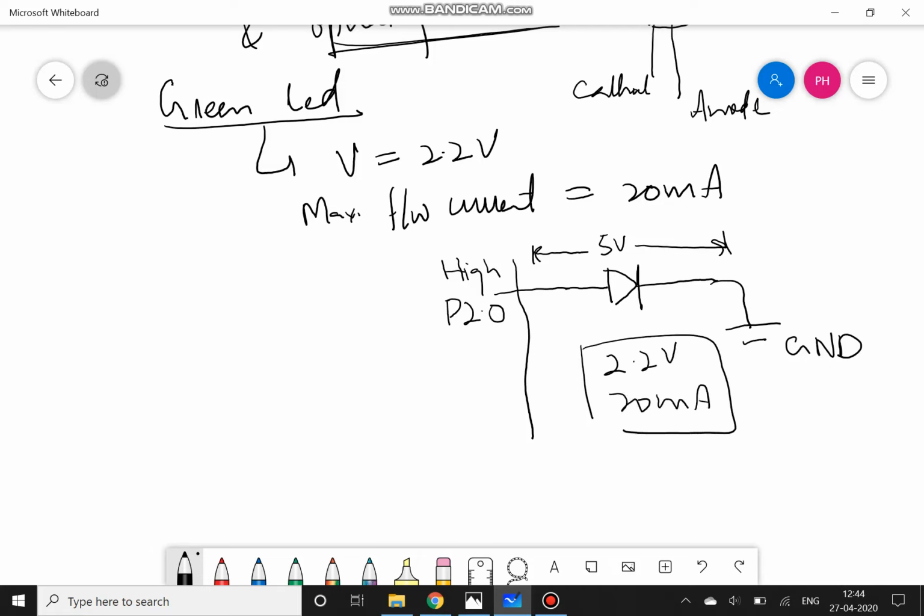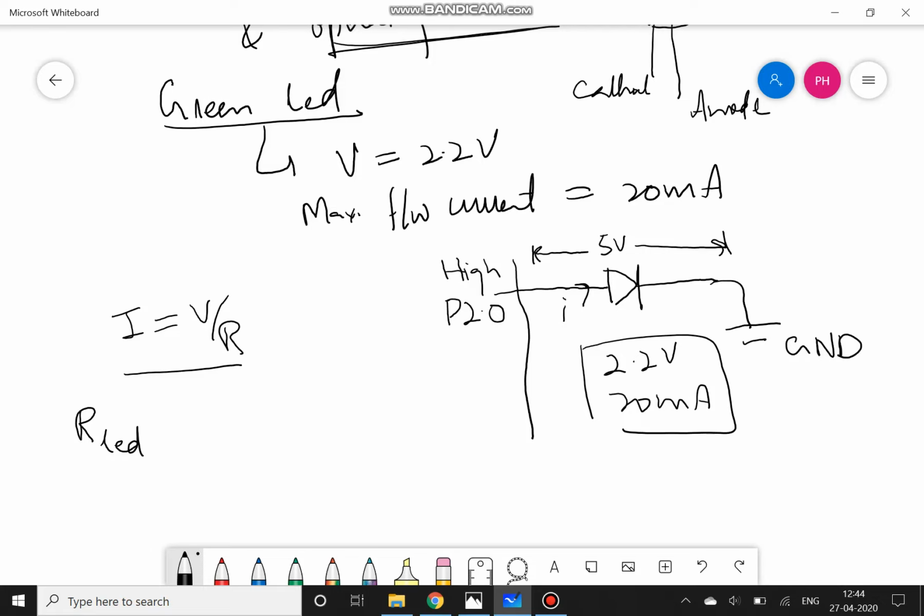Let's calculate how much current goes through it when we connect it to 5 volts. For that we have I equal to V by R. That means first we have to calculate the resistance of this LED.